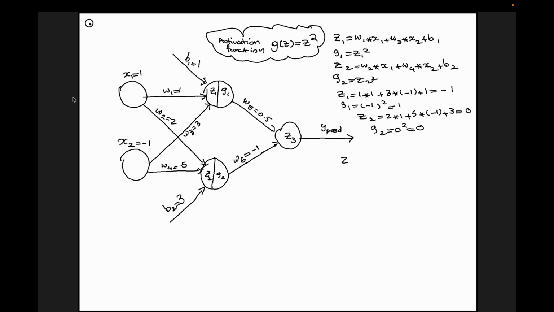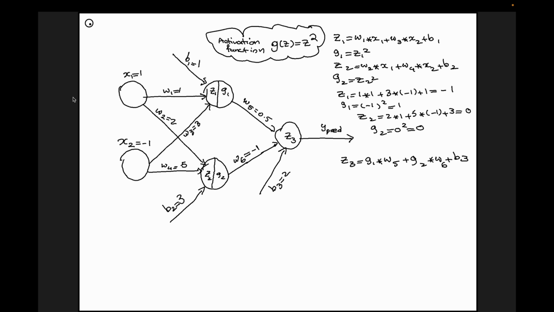So Z3 here is simply, let me write it down first. Oh, by the way, I forgot to add a bias here, so let's assume the bias here is 2. So Z3 is simply G1 times W5 plus G2 times W6 plus B3.